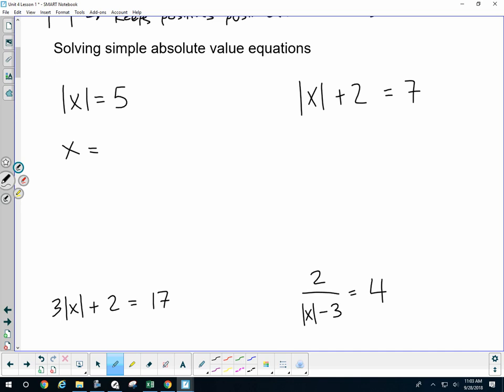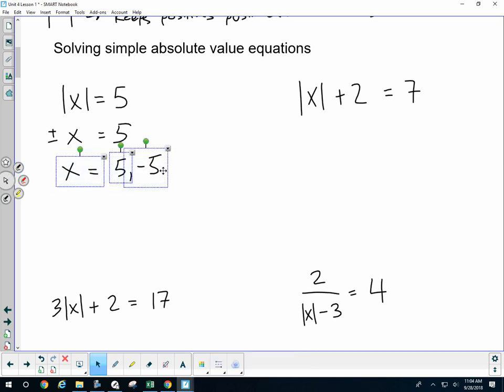So, we automatically go and say, oh, 5, right? 5 is a distance of 5 away from 0, but we also have -5. So it turns out, when we're solving an equation, what we're looking for is the positive or negative value for x that gives us 5.